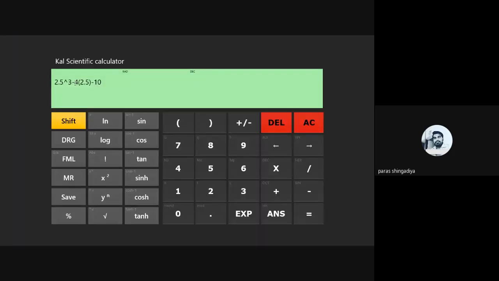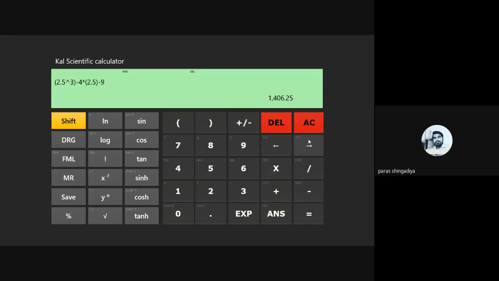So here let us put one bracket, 4 into 2.5 and 9, equal to 2.5 cube.